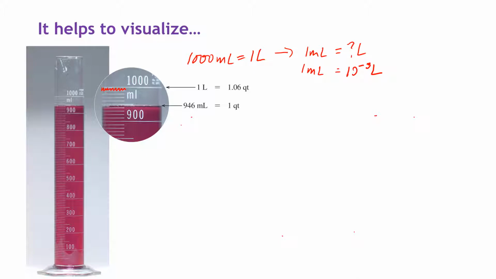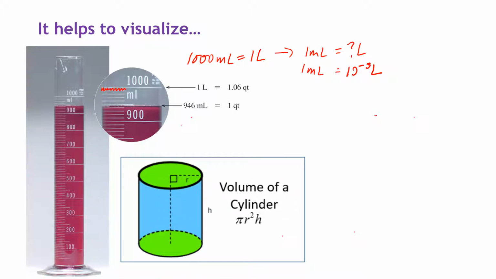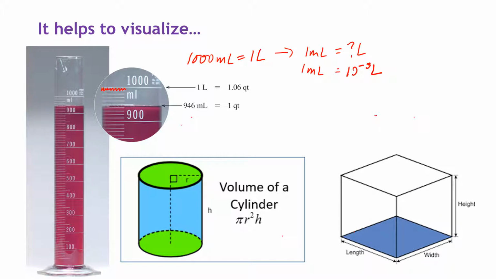Now, since we're talking about volume, I want to just take a quick look here at volumes of different kinds. One thing that we're going to have to get used to in this course is thinking in 3 dimensions. So just to get the wheels turning here, I want to point out that the volume of a cylinder is equal to pi r squared h.